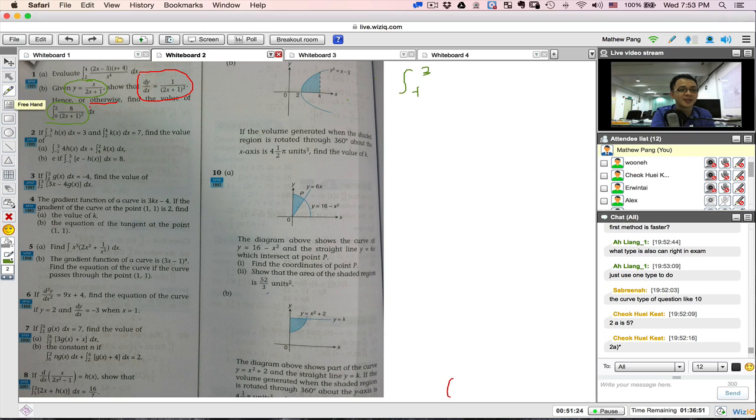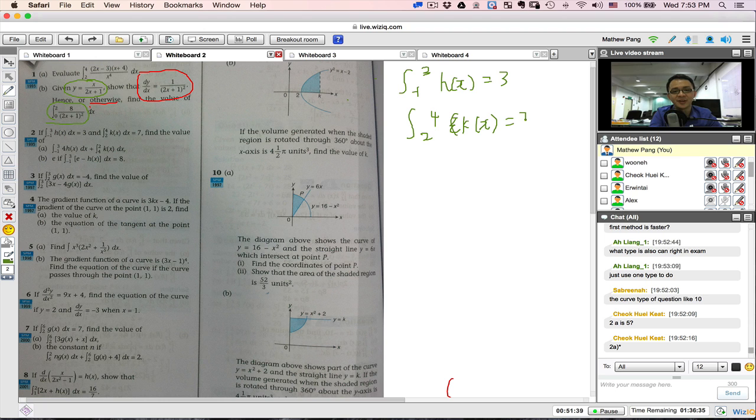So we integrate h(x) from -1 to 3, I will get 3. And I integrate k(x) from 2 to 4, I will get 7. Let me erase this one. This is some information I got from number 2.